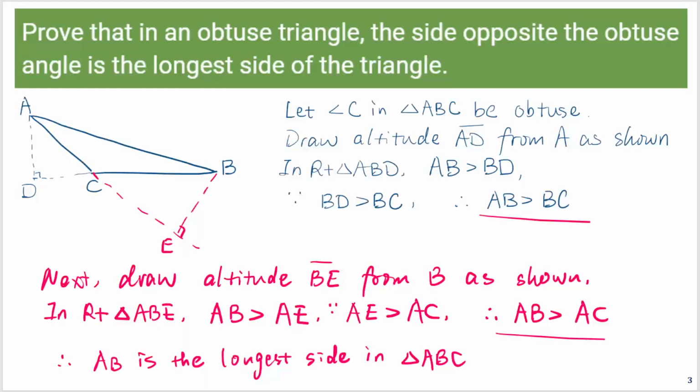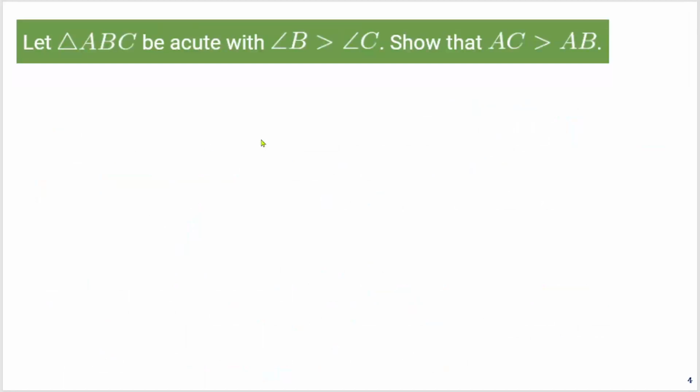And now let's consider the next type of triangle. We have acute triangles, right? Could you prove this? Let triangle ABC be acute, which means all of the interior angles are acute, with angle B larger than angle C. Can you prove that AC is longer than AB?